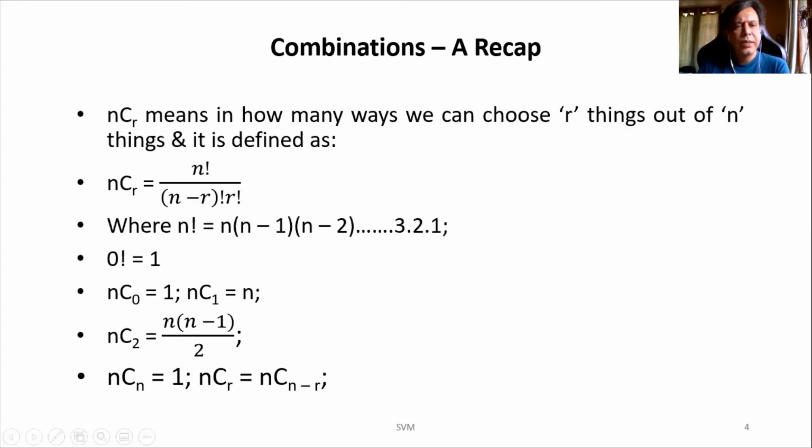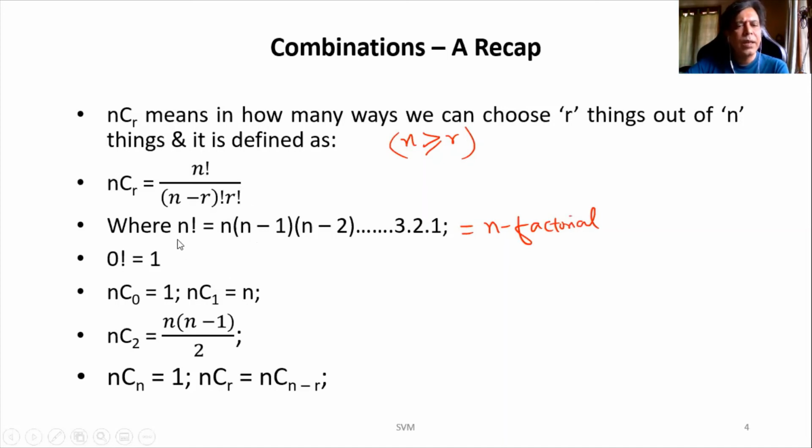Of course, n is always larger than or equal to r, where nCr is defined as n factorial divided by (n minus r) factorial multiplied by r factorial. When I write n and then the exclamation mark, it is read as n factorial.